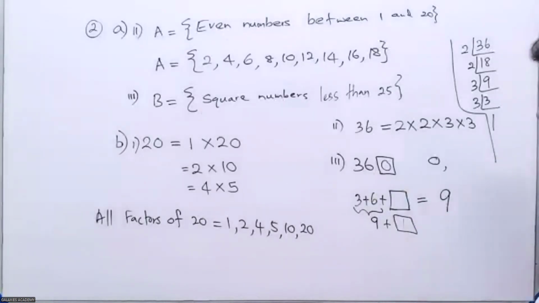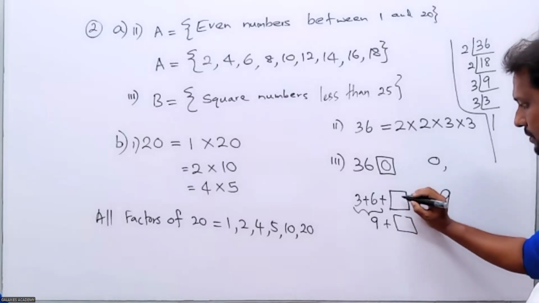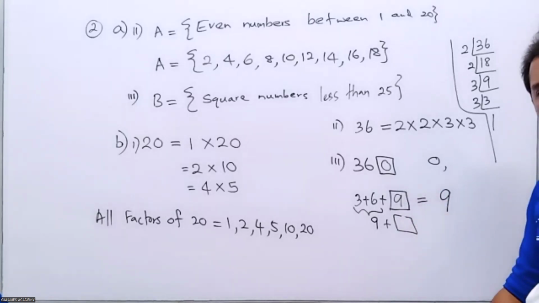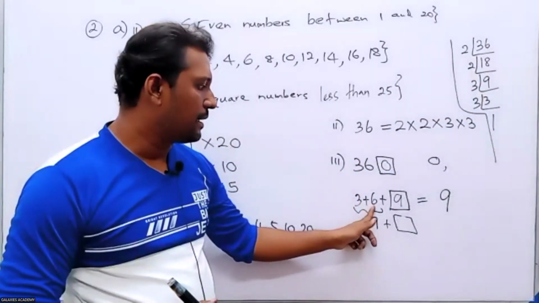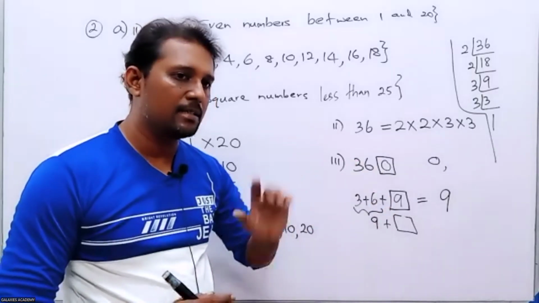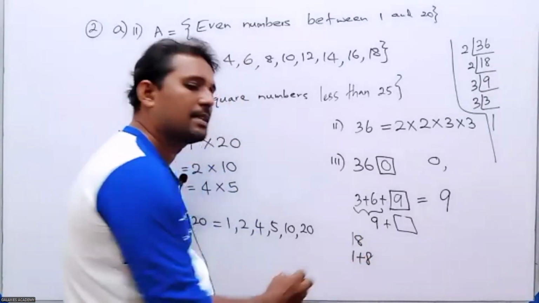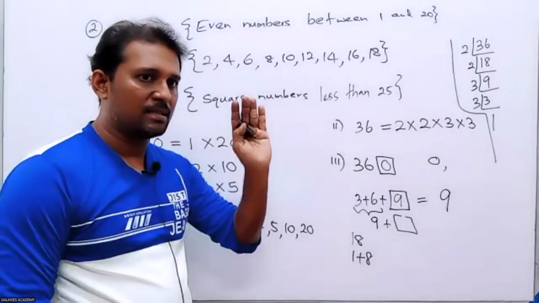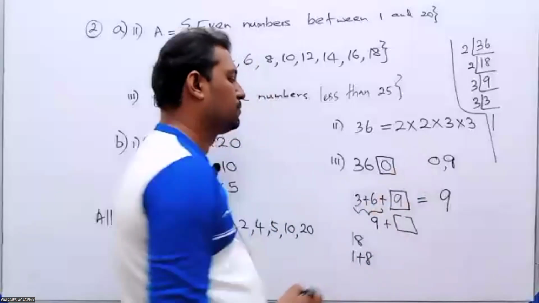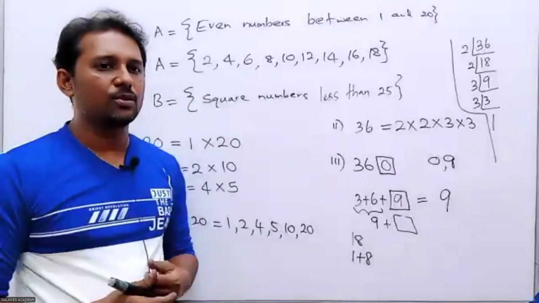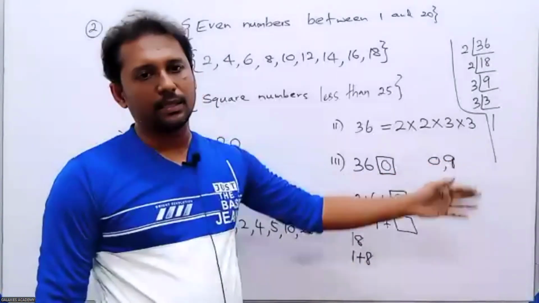Can't, no? So what is another suitable digit? If you use 9, then check: 3 plus 6 is 9, 9 plus 9 is 18. 18 is not the digital root, no? So what's the digital root of 18? 1 plus 8, 9. So the other suitable digit is 9. Right? In this question, suitable 2 digits we have to write. So what are the suitable 2 digits? 0 and 9.